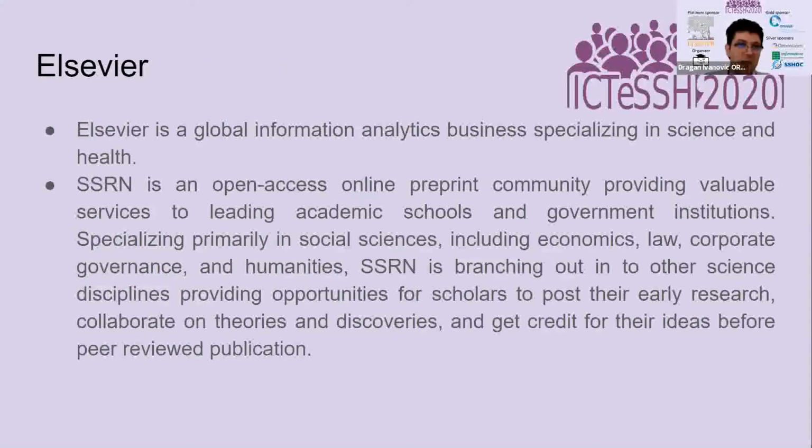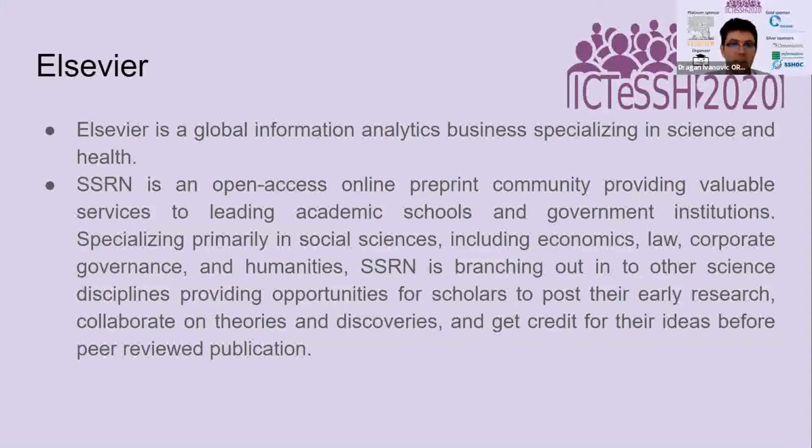So the first organization which will be presented in this session is actually our platinum sponsor, Elsevier. It's a global information analytics business specializing in science and health. And within this presentation, we will hear about SSRN, which is the Social Sciences Research Network.